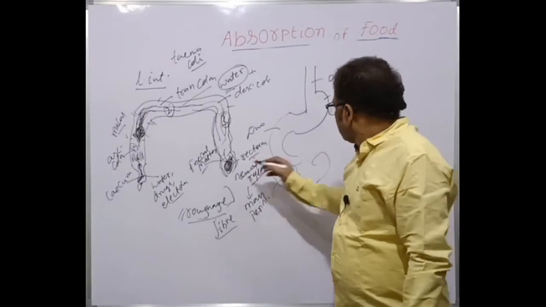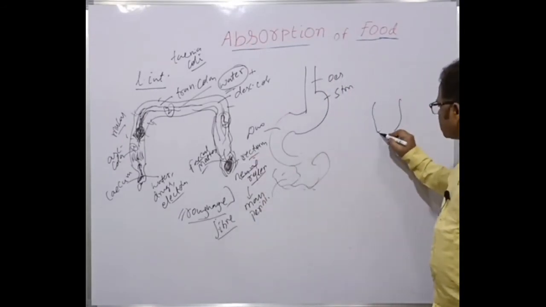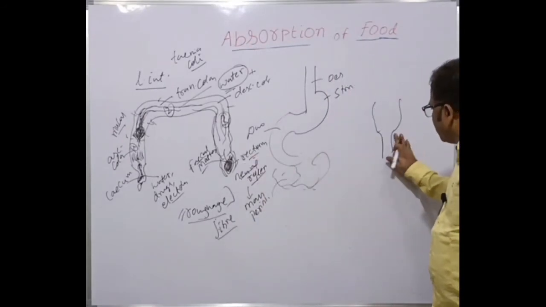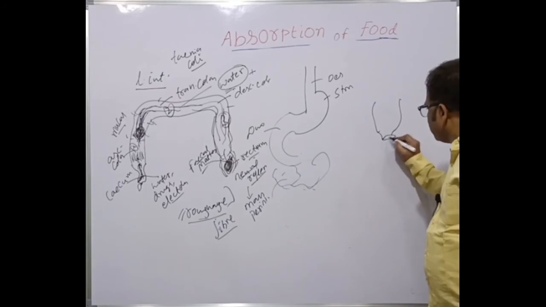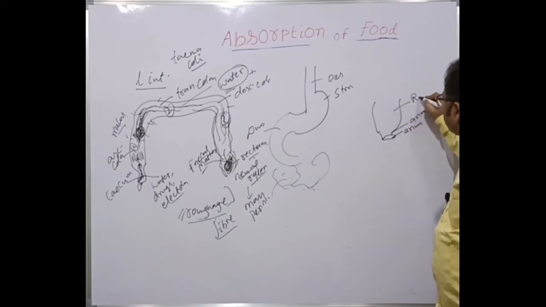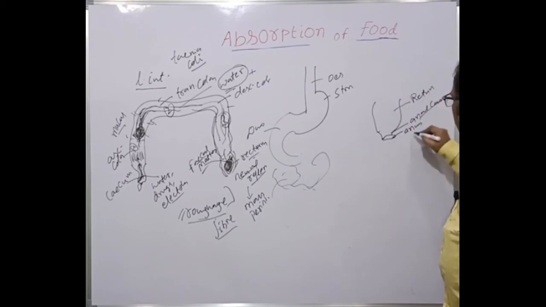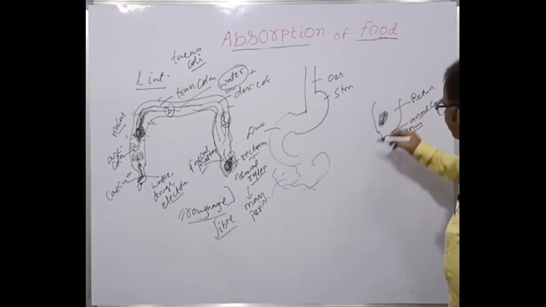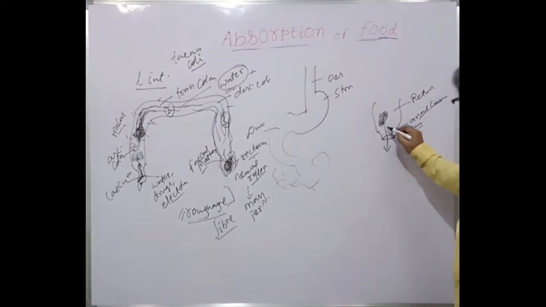As a result, the fecal matter is carried forward from the rectum. The anus is present here. This is the anus, and here is the anal canal. This is the rectum, anal canal, anus. This here is the fecal matter. It should go out through the anus, but first it passes to the anal canal.